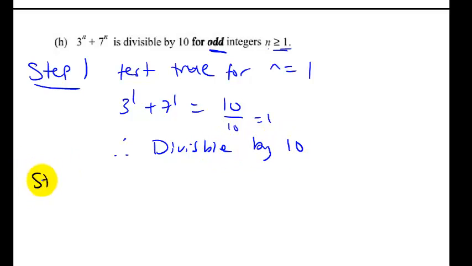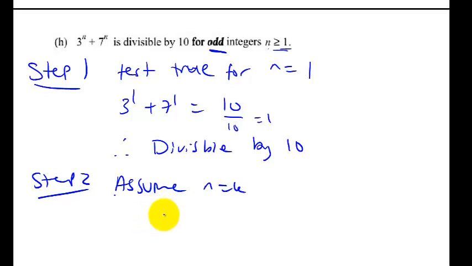Step 2, assume n equals k. So if I'm assuming n equals k, then I'm going to get 3 to the power of k plus 7 to the power of k. You can't sub that into step 3, can you see that already?